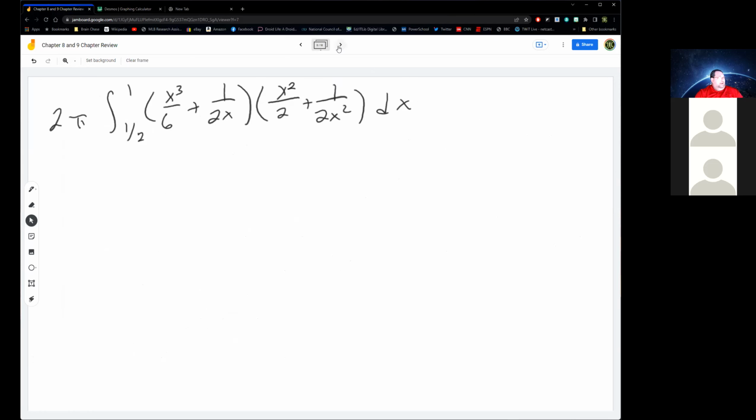All right, so we're here. Now we have to FOIL. So I've got x to the 5th over 12 plus x over 12 plus x over 4 plus 1 over 4x cubed.